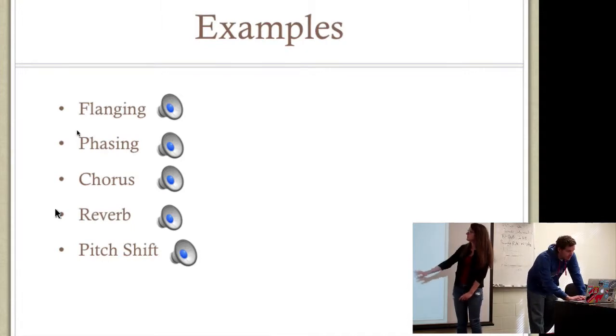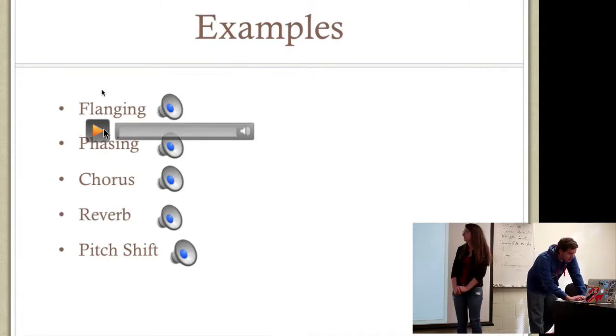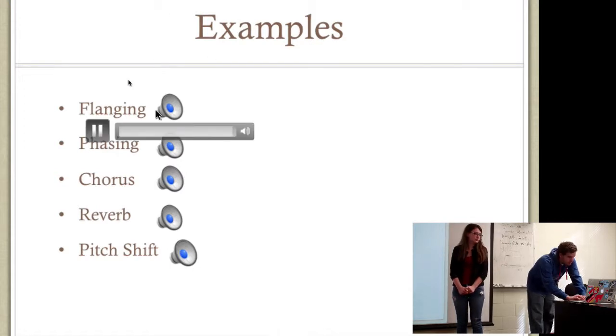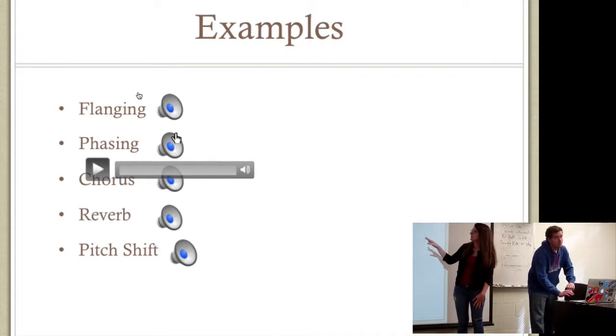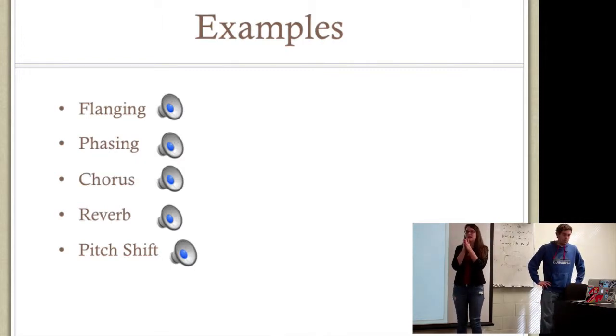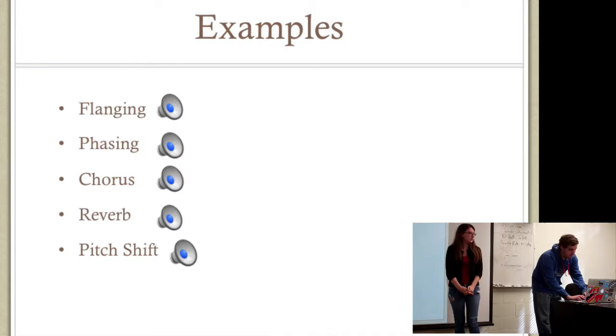So here are some examples of the main effects. In the flanging one, you got to hear the first was the original tone, then the second one was a little bit of flanging, and then the third one was multiple signals with flanging.